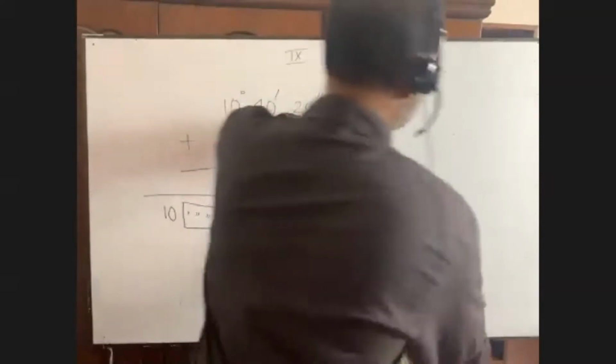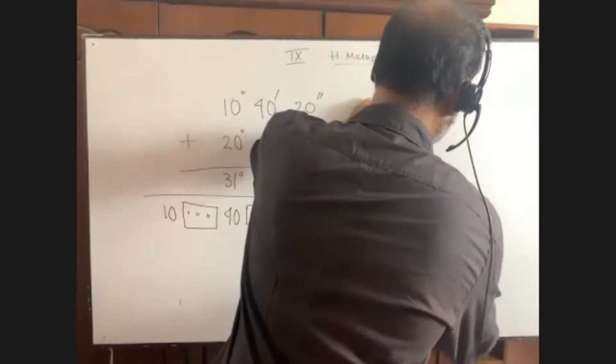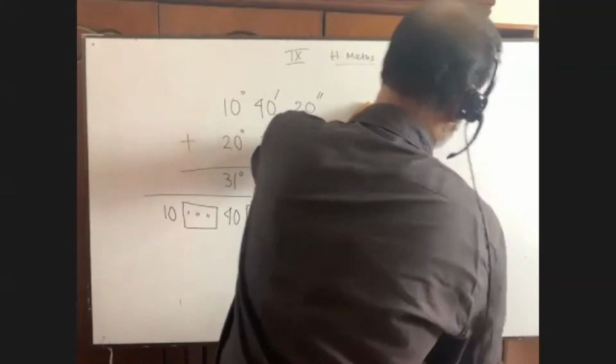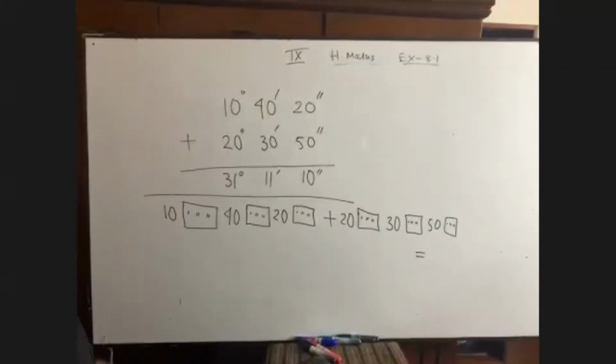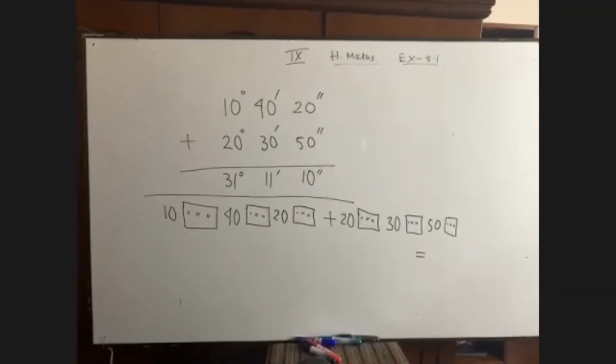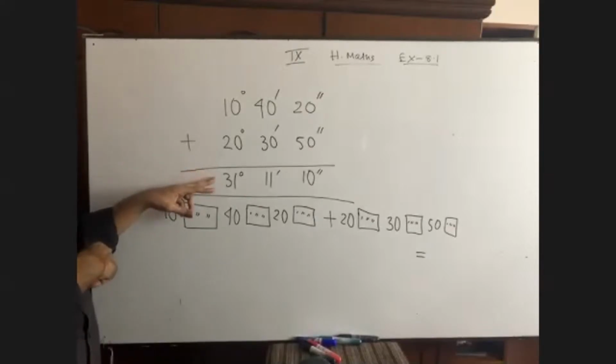Then write down 50, this sign, and then equal to. Can you please operate this and let me know? Are you getting this? Is the answer correct? Are you getting this, Dalu?